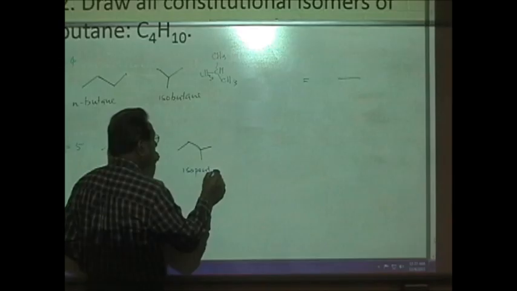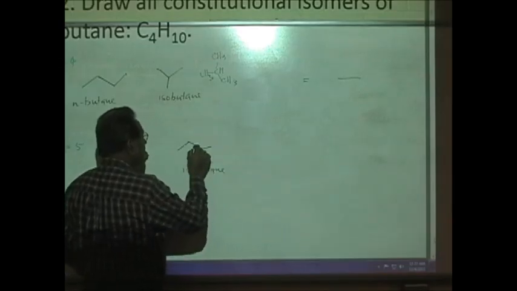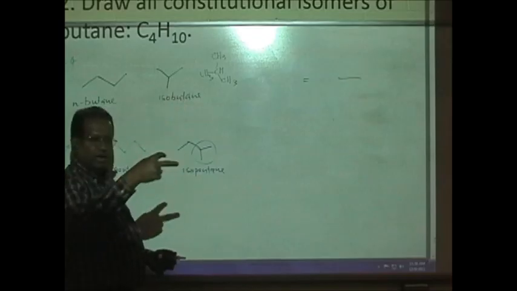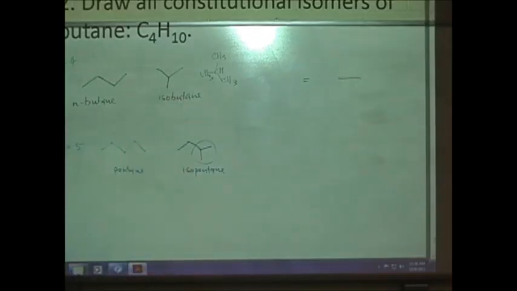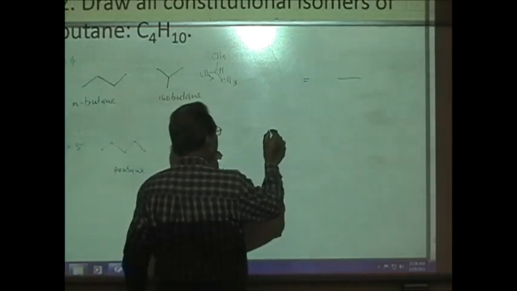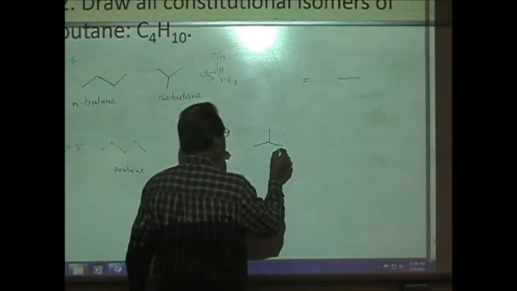How many of you remember I said that when you have this kind of sign, the molecules are called iso? Okay, this is kind of a thing, iso. Neopentane is this.